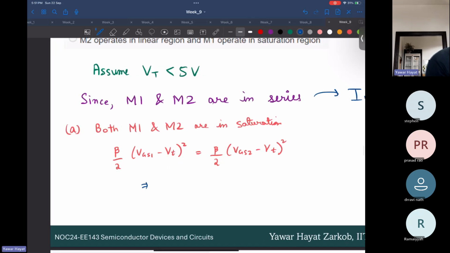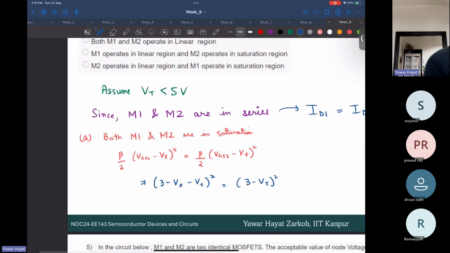Then I can write 3 minus Vx minus Vt squared is equal to 3 minus Vt squared. Why?